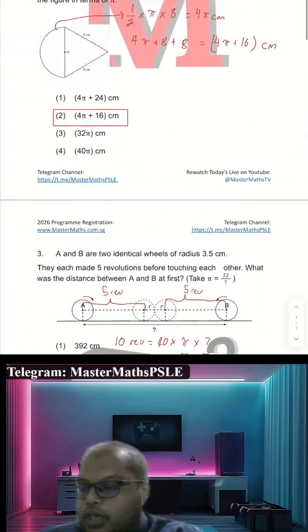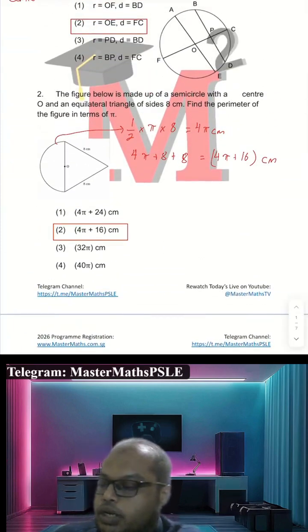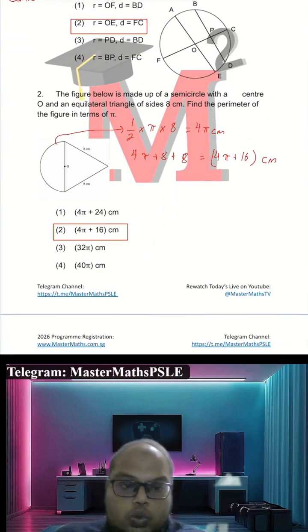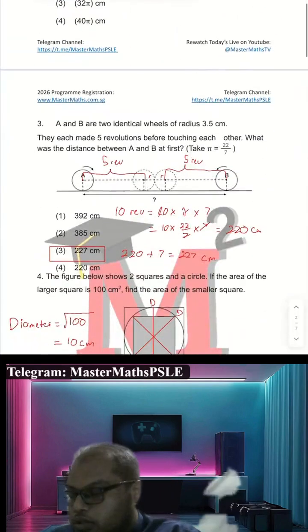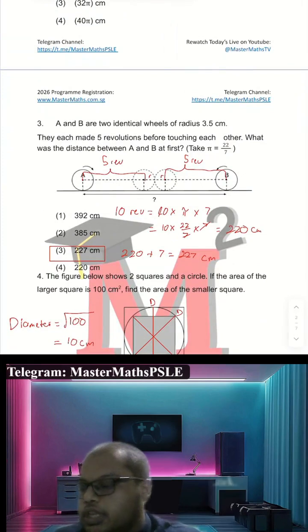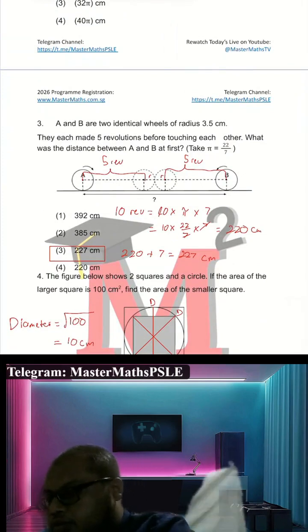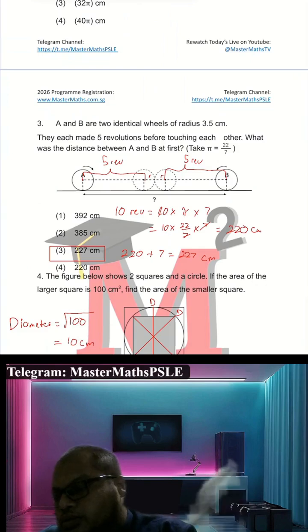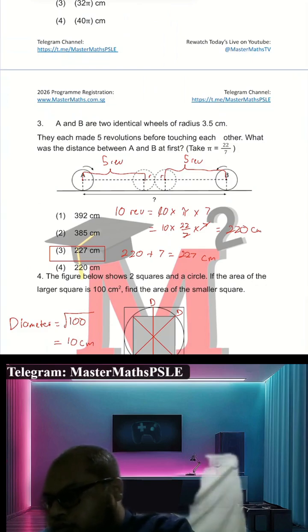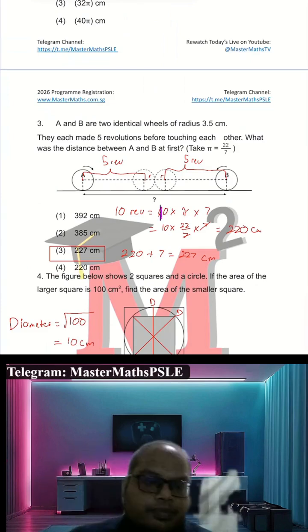Oh, okay. Yeah, so the question 2. Oh, question 3. Oh, that one is not 40. That one is 10. Sorry. This one is 10. Okay?